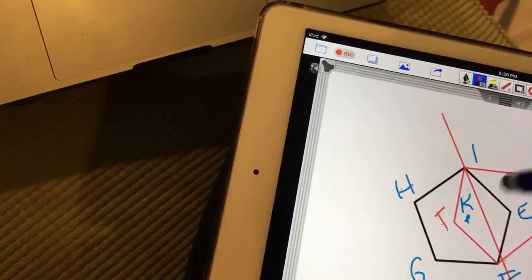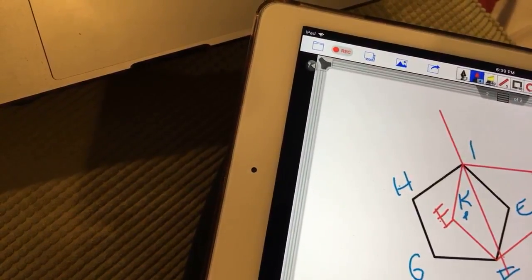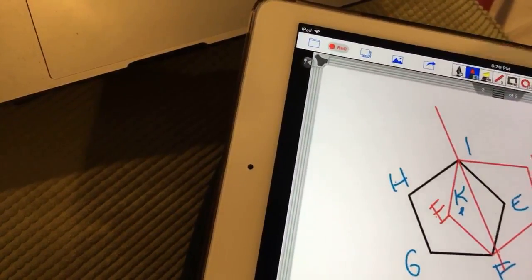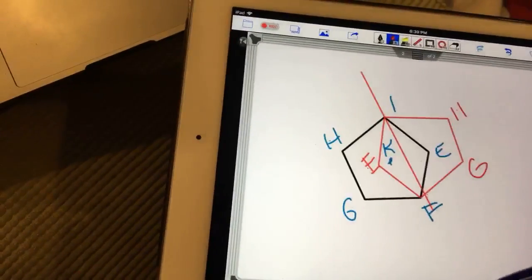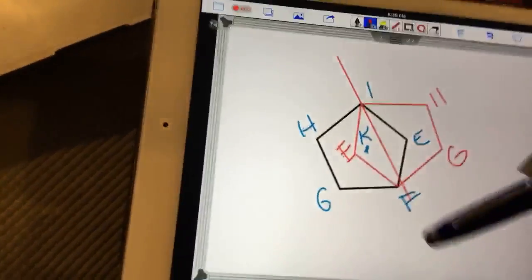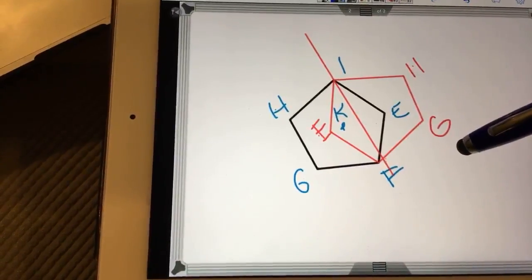This is E. That stays the same. This is H. This is G. Okay. Then a reflection across GH. These two lines are going to be parallel. Okay.